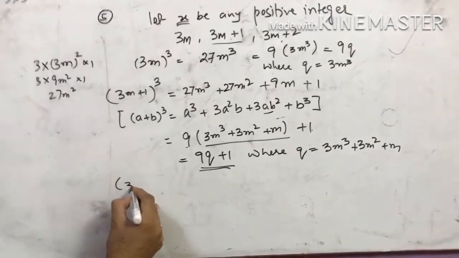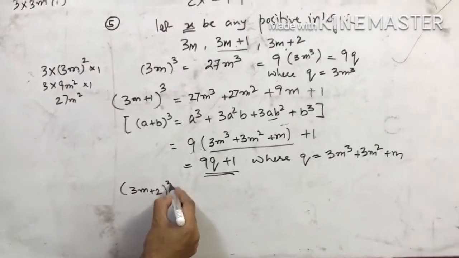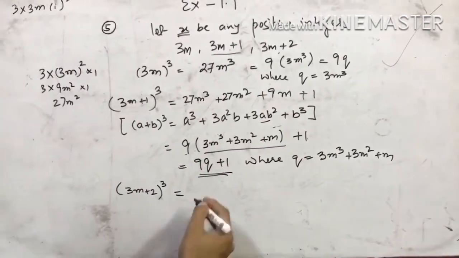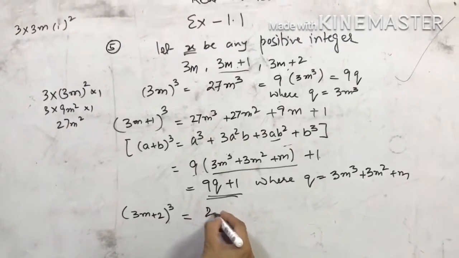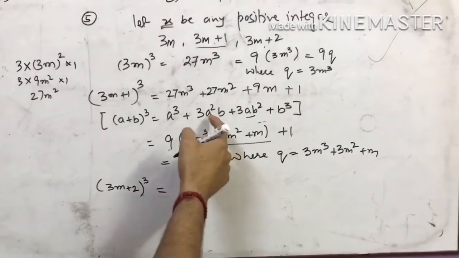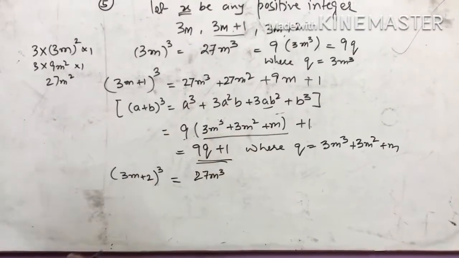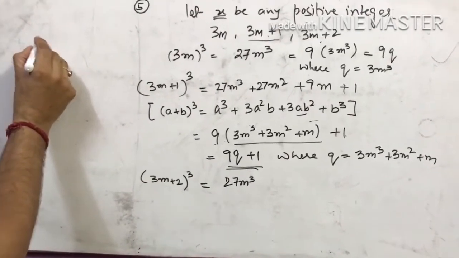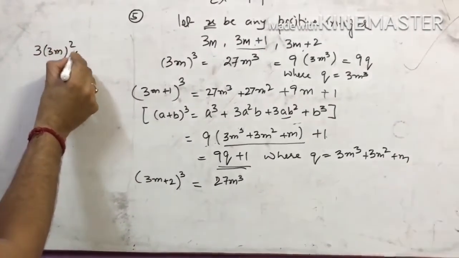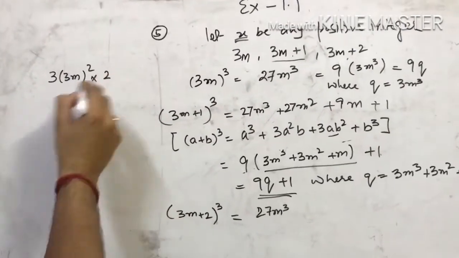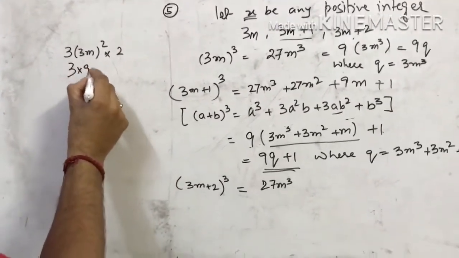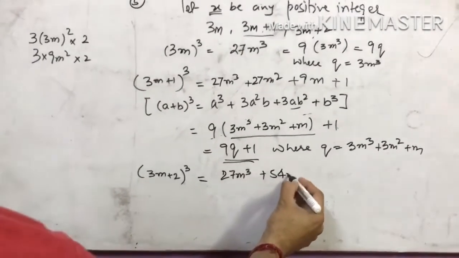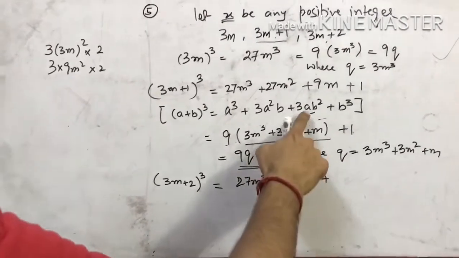The last term is 3m plus 2 whole cube. So we have to apply the same formula. Here b is 2. So again you will get 27m cube. For this value, 3a square b, 3a square into b, where b is 2, so 3 into 9m square, and 3ab square.